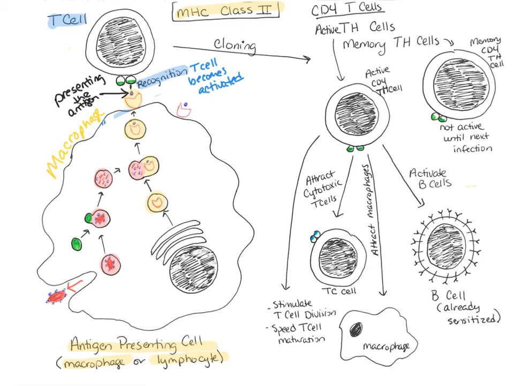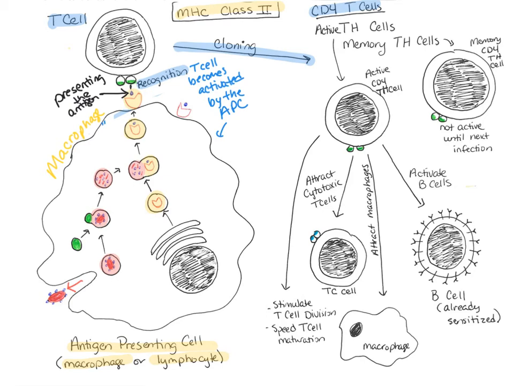And so when a T cell becomes activated by an antigen-presenting cell, it will start cloning, just like we saw with the MHC class 1. But now the clones are CD4 T cells.